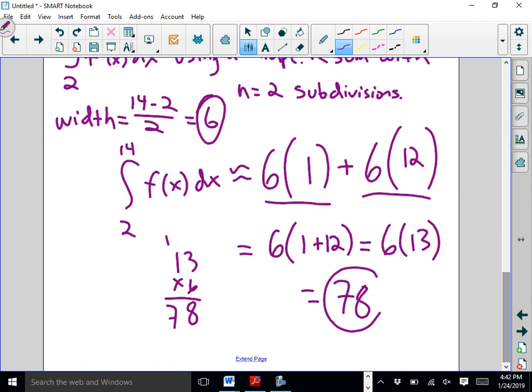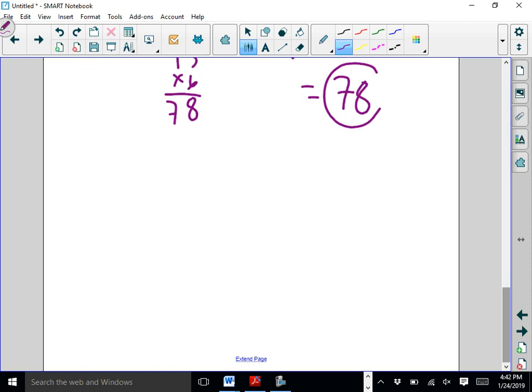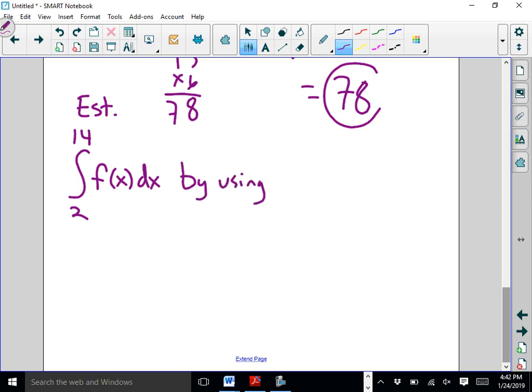Last but not least, I'm going to do the integral from 2 to 14 of f of x dx. I'm going to estimate that by using a trapezoidal sum with, let's go back to n equals 4 equal subdivisions.